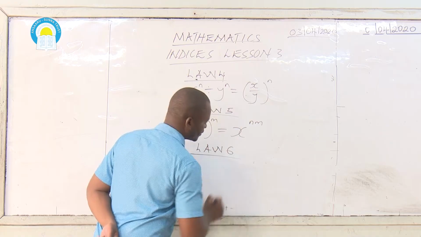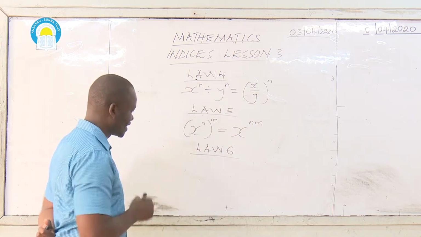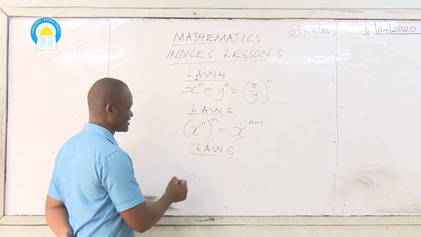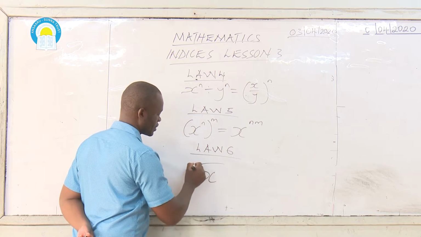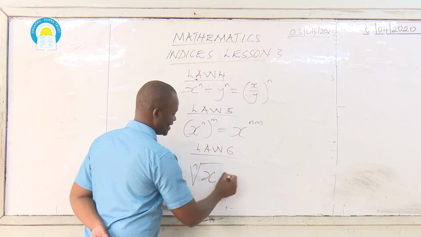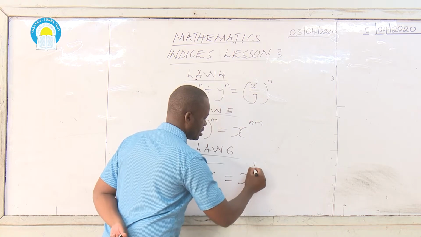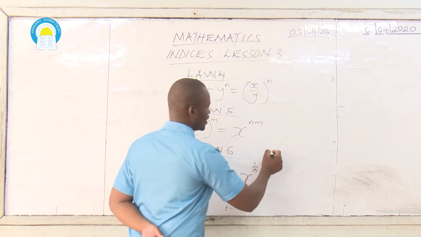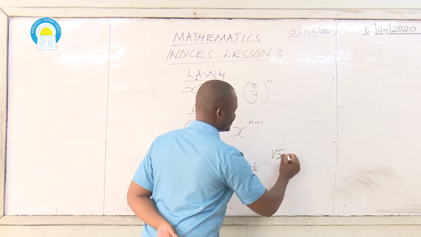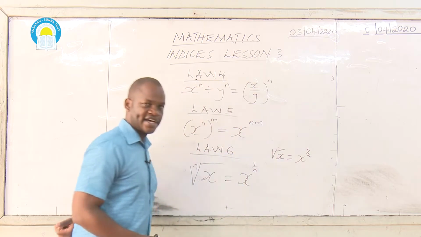Law number 6 was the law in regard to the fraction index. That was nth root of x is equal to x power 1 over n. We said if the nth root is a square root, that will be x power a half.